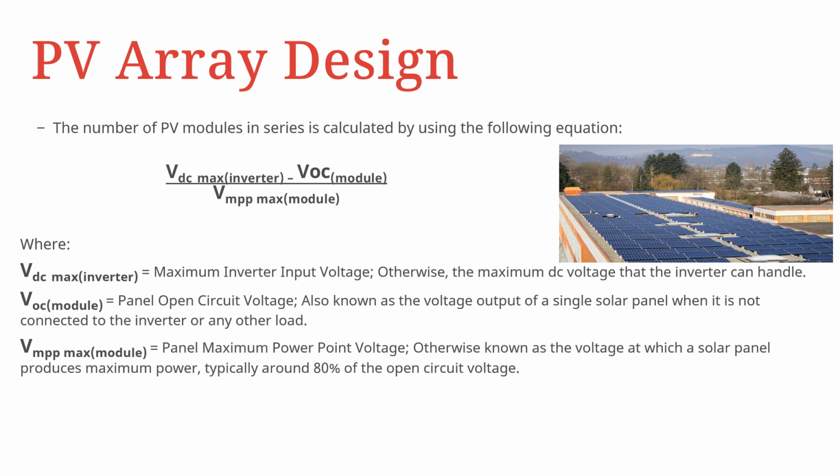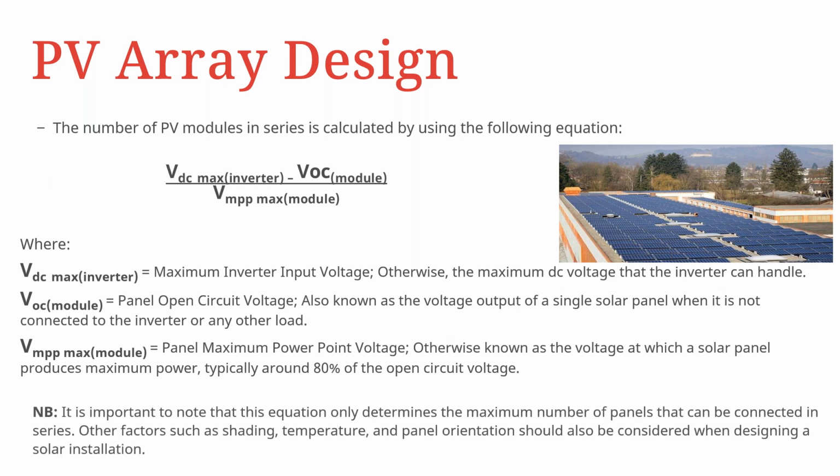VOC for the module is basically the module open circuit voltage, also known as the voltage output of a single solar panel when it is not connected to any load or to the inverter. And then VMPP max is basically the panel or module's maximum power point voltage, otherwise known as the voltage at which the solar panel produces its maximum power, which is sometimes about 80% of the open circuit voltage.